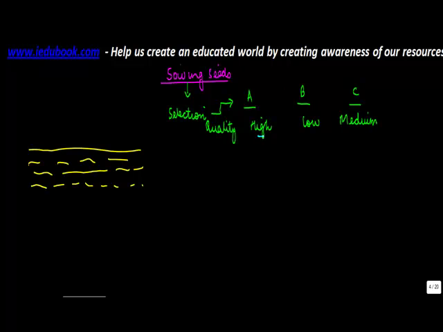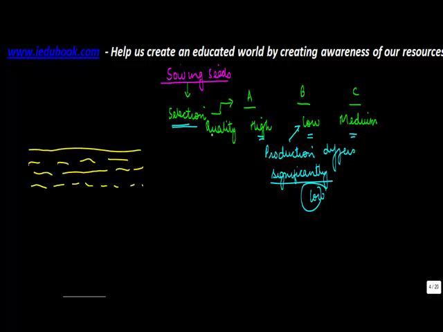Now depending on this quality of the seed, the production can differ very significantly. Production differs significantly depending on what quality of seed you are using. So if you use a low quality seed, then the production is obviously going to be low. So therefore it is very important to select proper quality of seed.